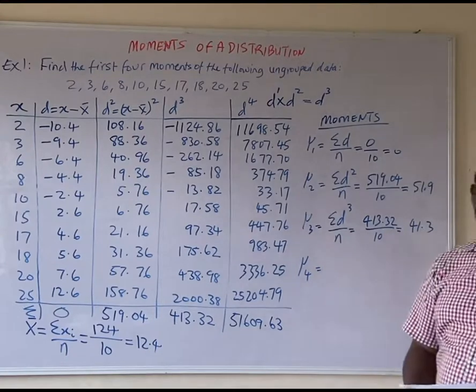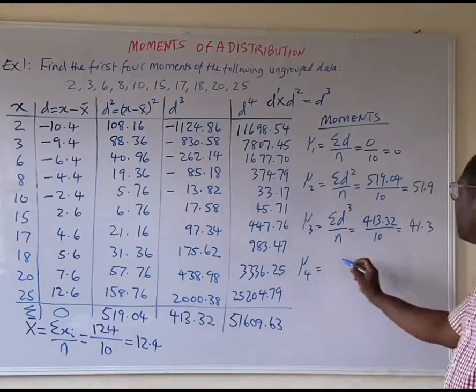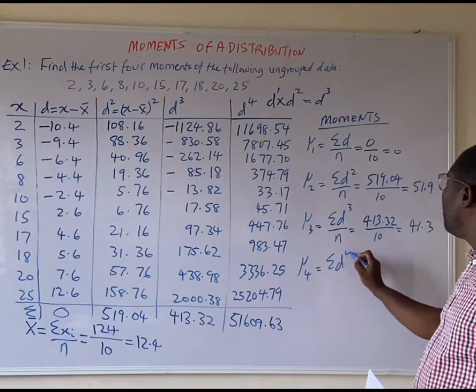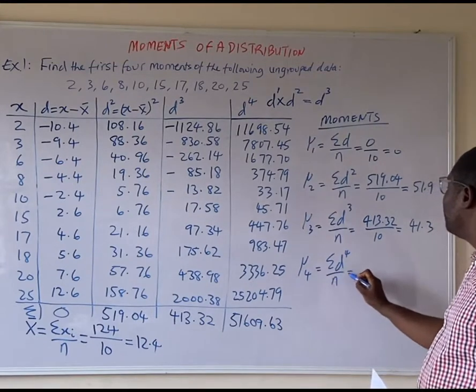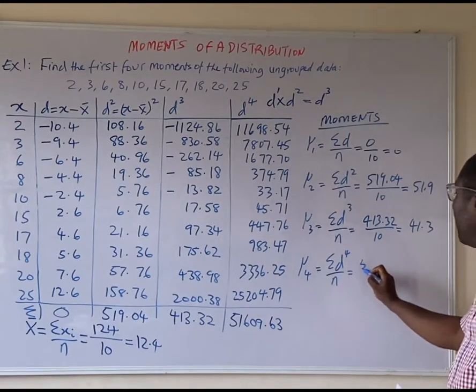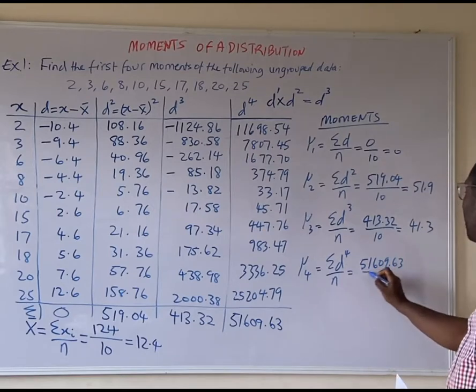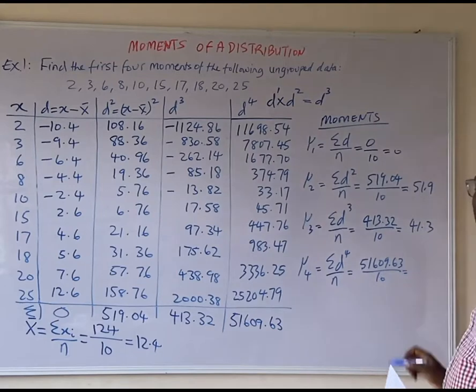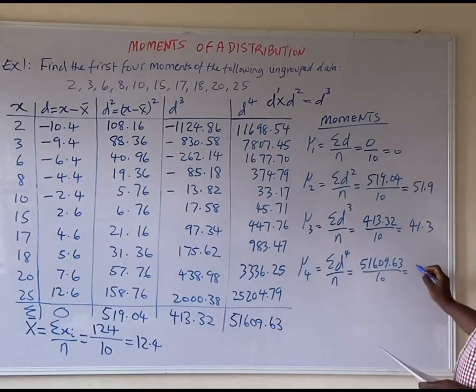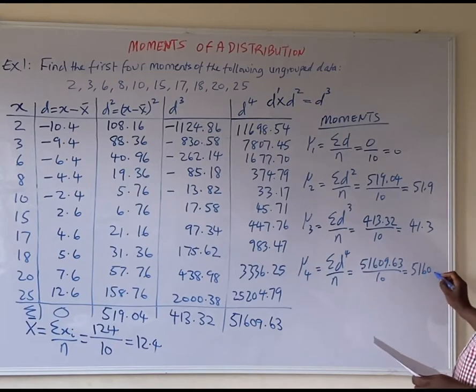Now we have our fourth moment. Fourth moment is summation d raised to power 4 all over n, and what we have is 51,609.63 all over 10, and our answer there is 5160.96.